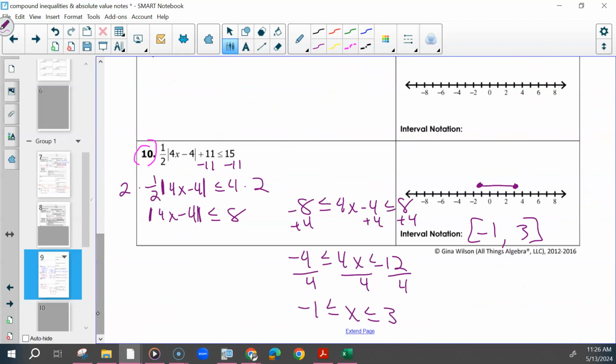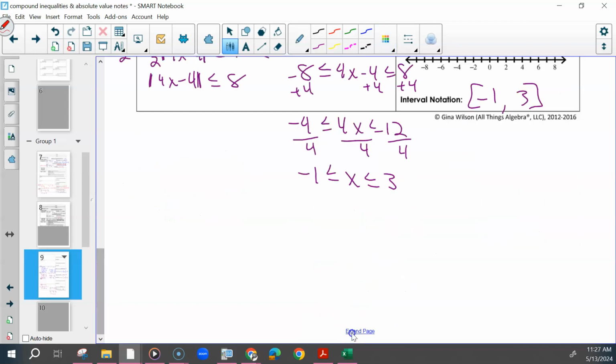You just create your two cases. So I'll separate it, but I won't solve it completely. We have 4x minus 4 is less than or equal to 8, and then the other one, change the direction and sign, make it negative 8, solve it.